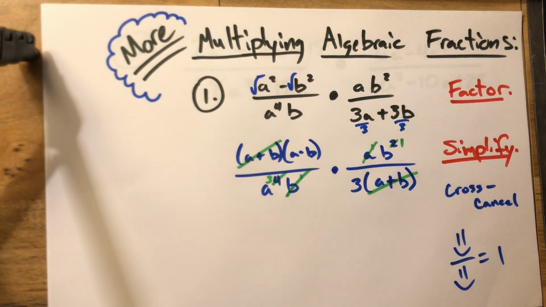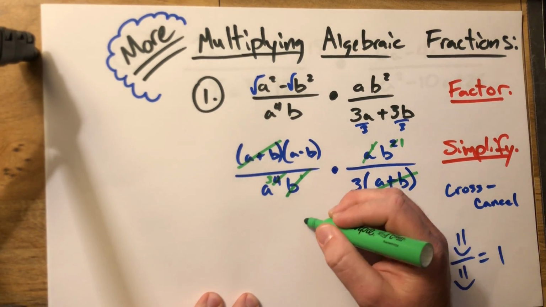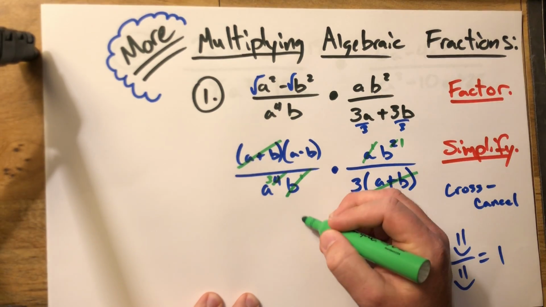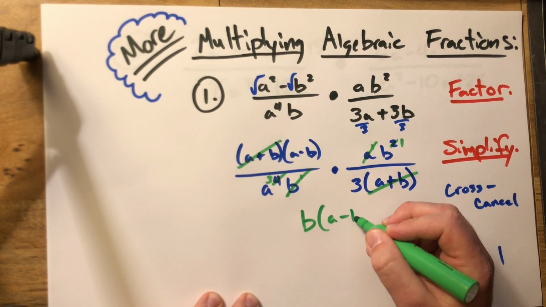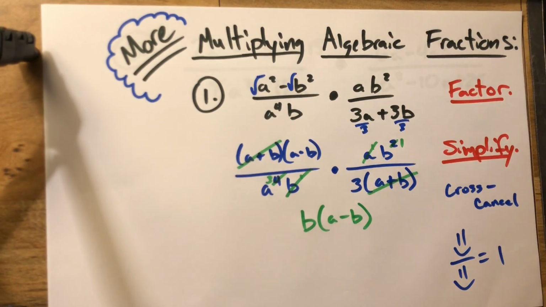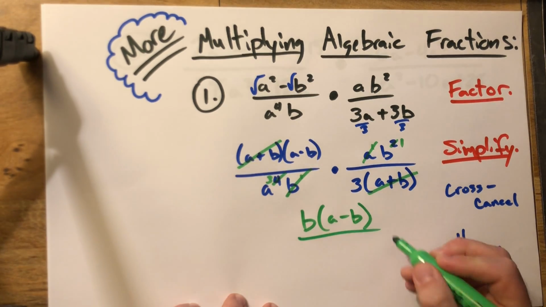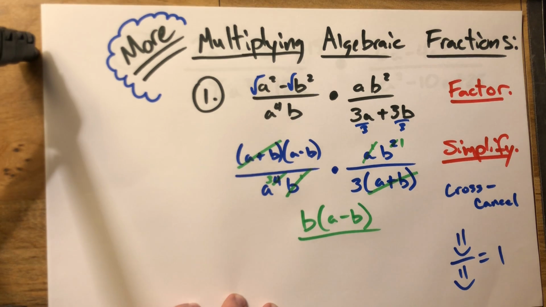Now that was a lot of simplification there, so let's rewrite, see how we got simplified and see if we need to do more simplification. Got that b up here, so we have b times the quantity a minus b. Just gonna leave it like that for now. We'll see what happens with the bottom. I got this 3. The 3 had no other numbers to cancel out with or to simplify with.